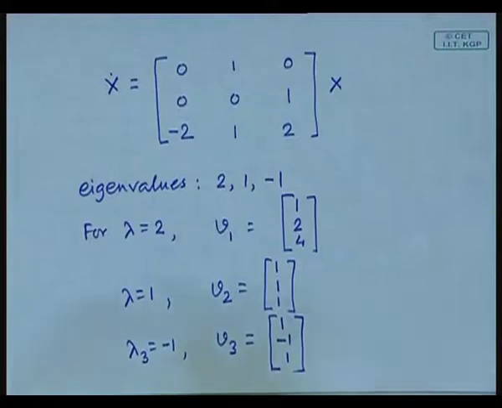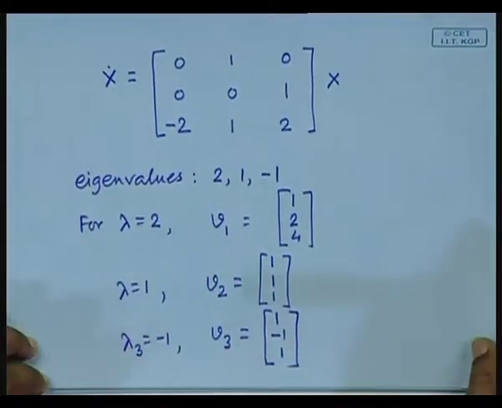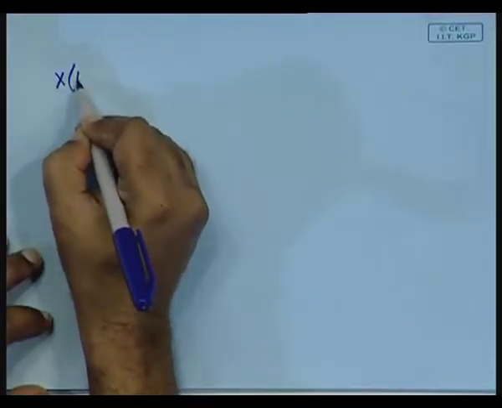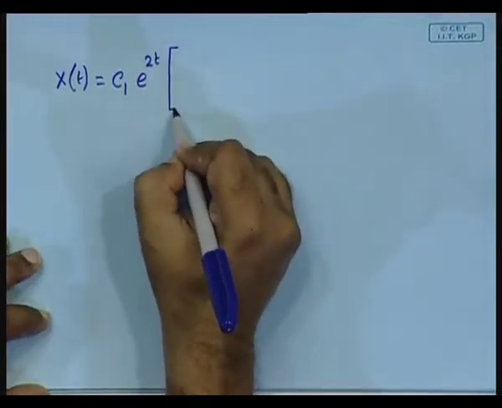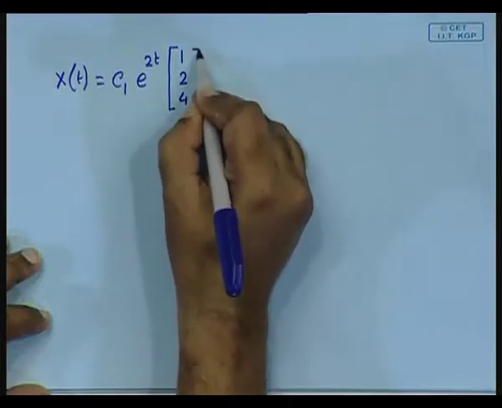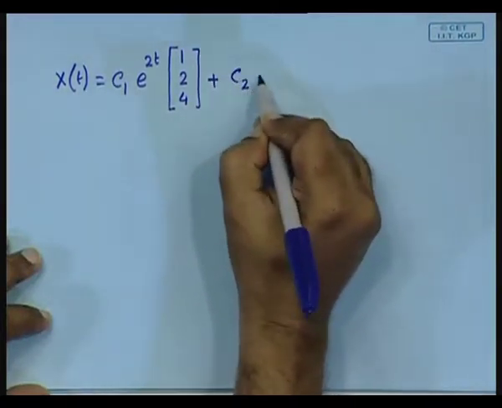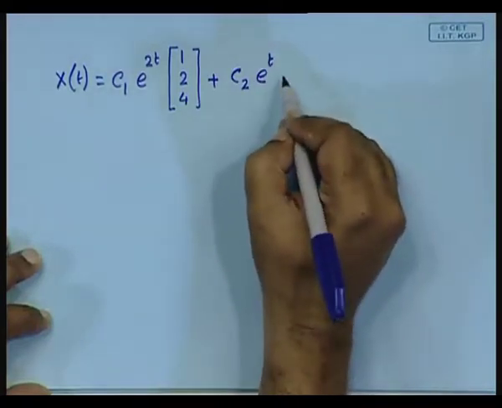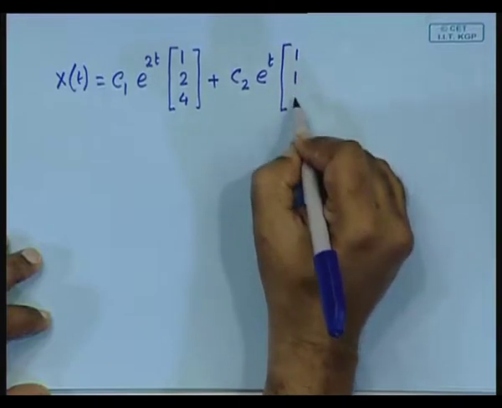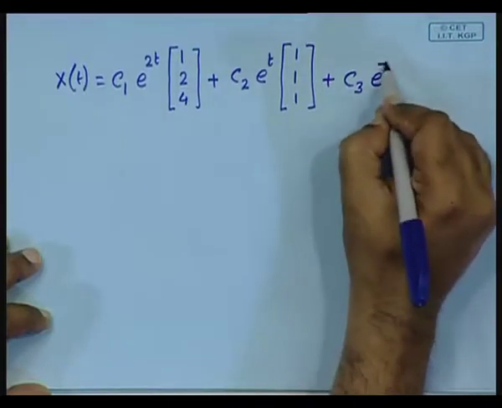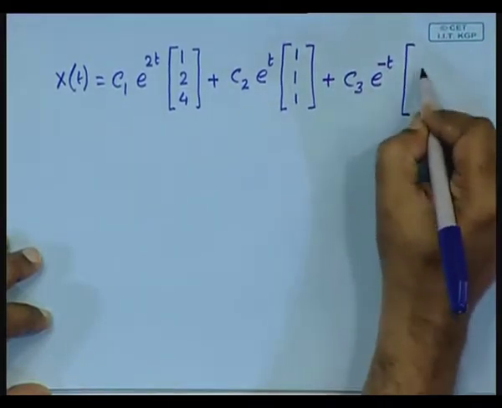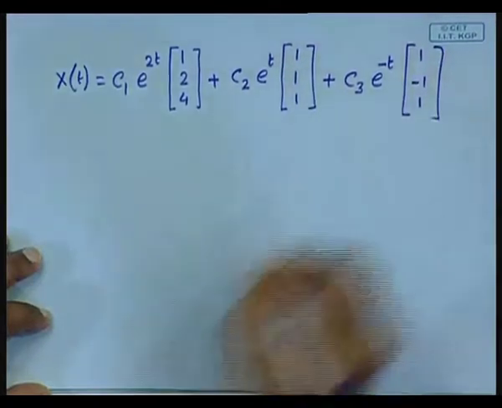So, now we can compose the general equation as x of t will be C1 e to the power 2t times 1 2 4, plus C2 e to the power t times 1 1 1, plus C3 e to the power minus t times 1 minus 1 1, fine.